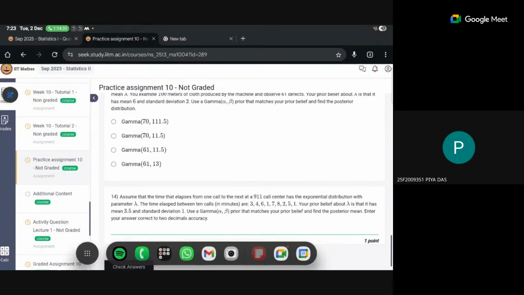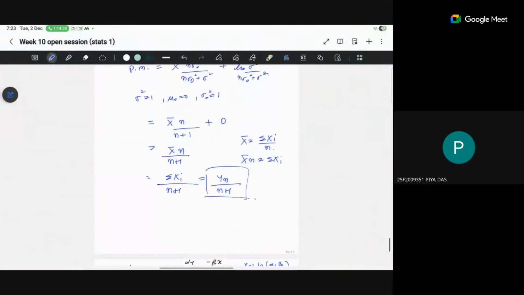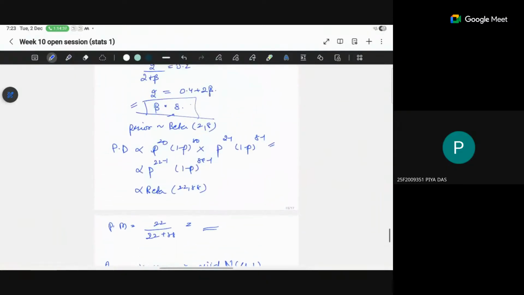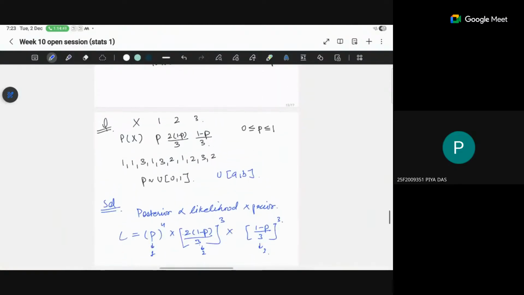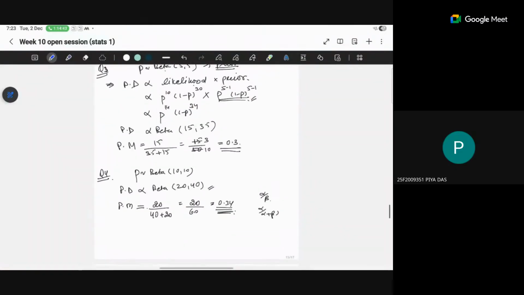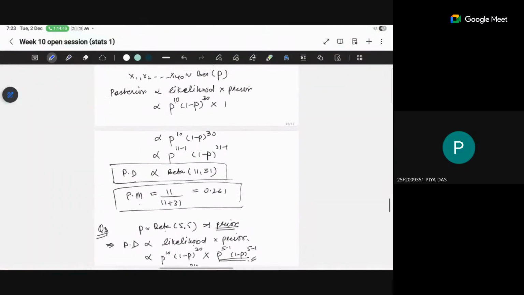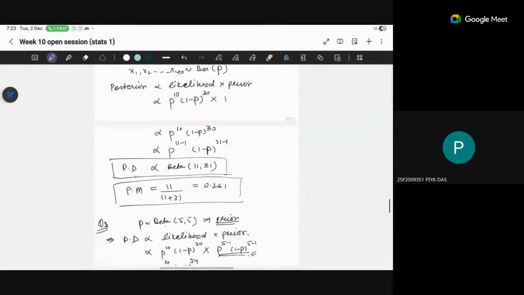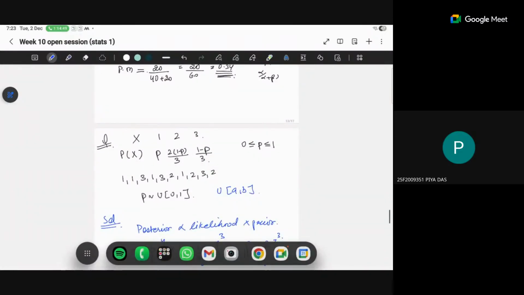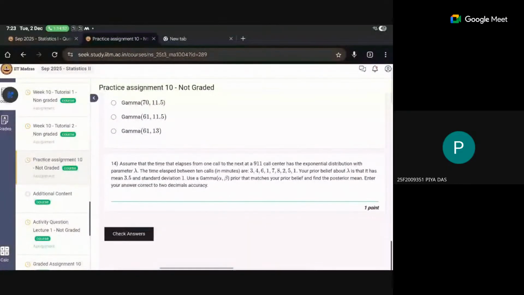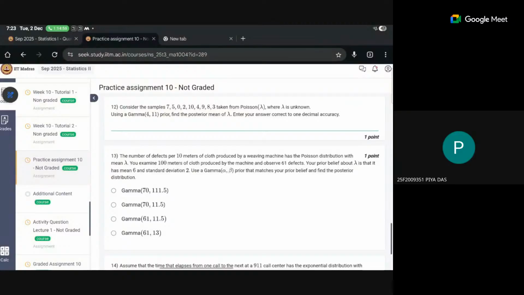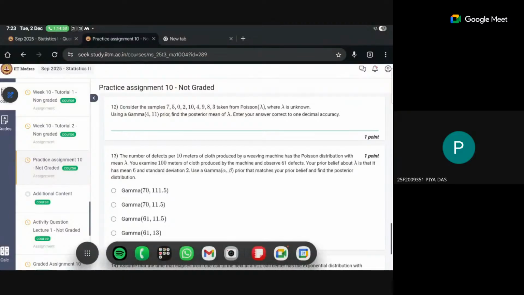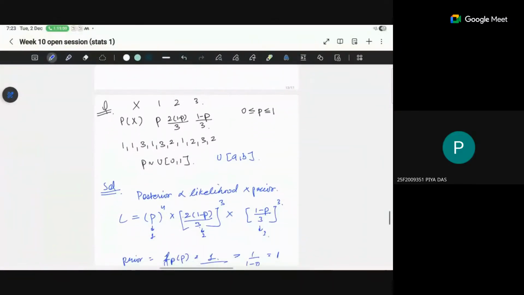And how many have I solved? 1, 2, 5, 6, 7. So I have already solved 7. Now you have to solve 7 more. Read the question carefully. In every question, the same thing is going to be used.